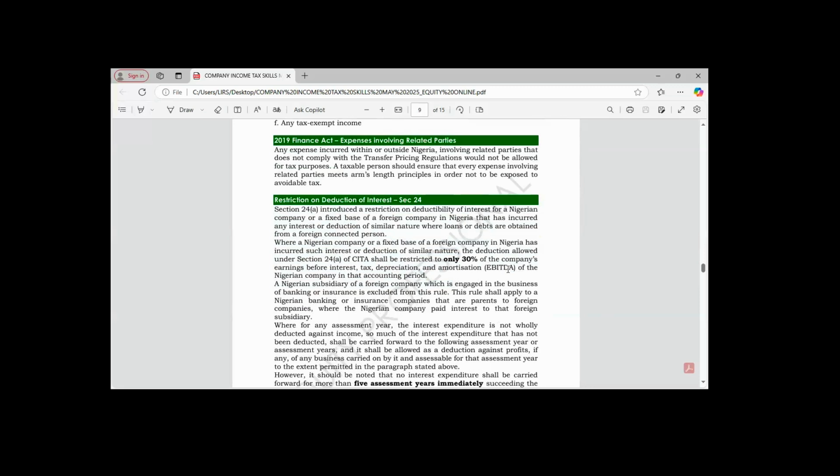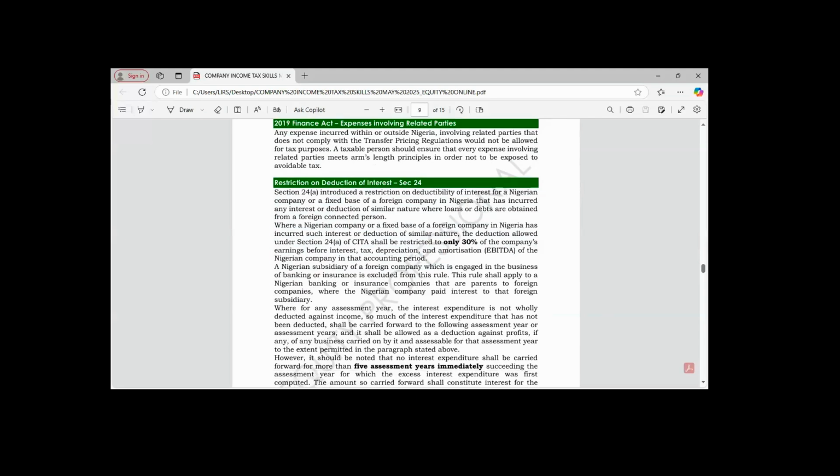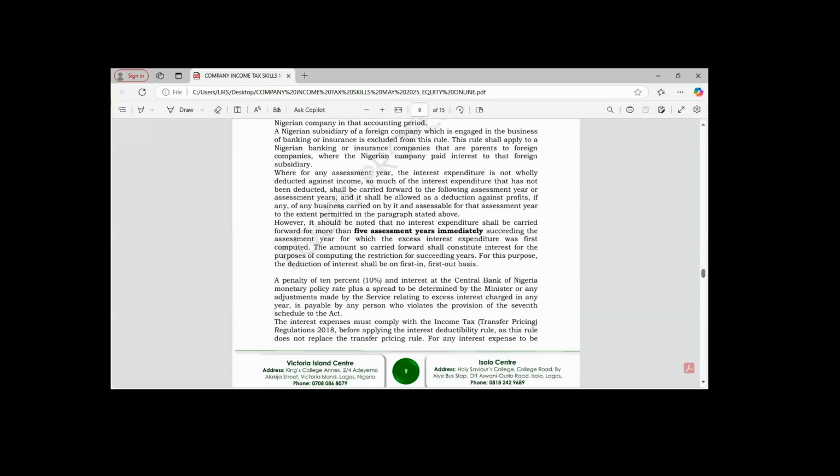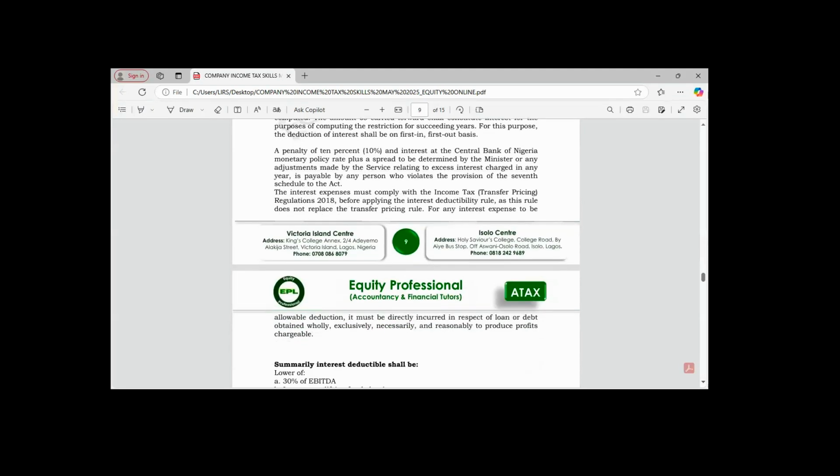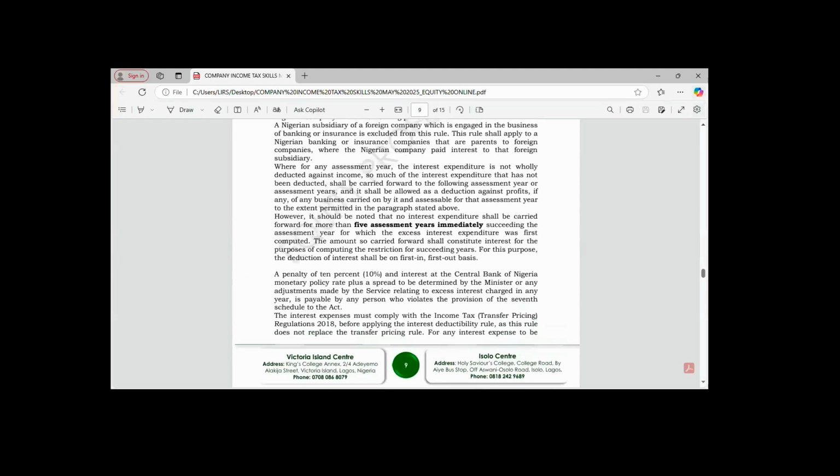The balance will be taken to subsequent years for a maximum period of 5 years on a first in, first out basis.